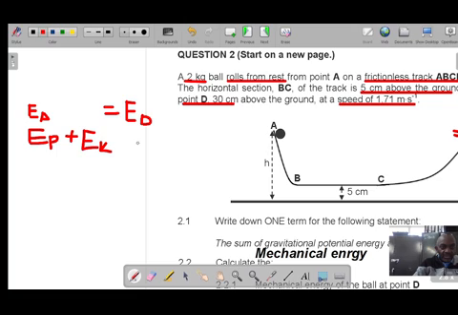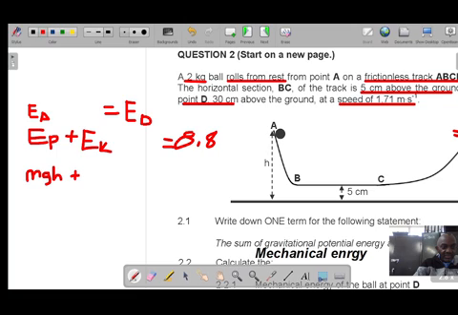But what is our ED from our previous calculation? It is 8,8 joules. Hope you remember that, guys. So what is EP? It is mgh. What about my EK?